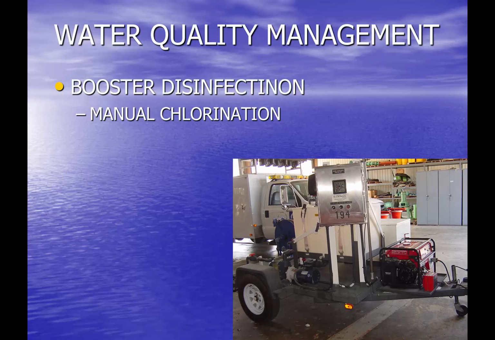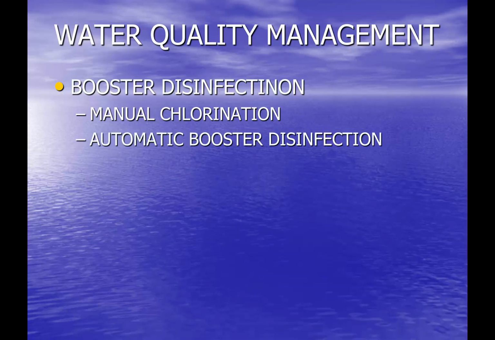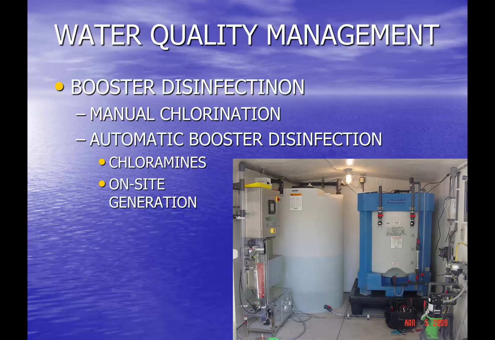So definitely an improvement, but still free chlorine, still not a perfect mix, and still subject to the creation of disinfection byproducts. What you see a lot more now is some more level of automatic booster disinfection with the use of chloramines to avoid the creation of disinfection byproducts. A lot of these systems actually use on-site generation of sodium hypochlorite, and this is a picture of one of the on-site generating facilities.